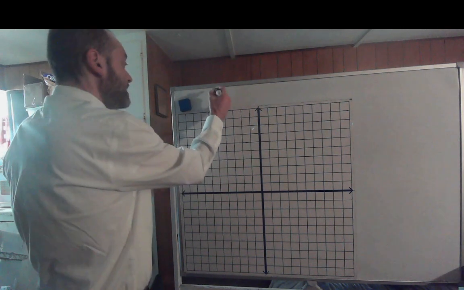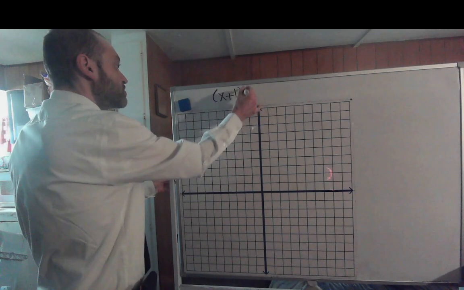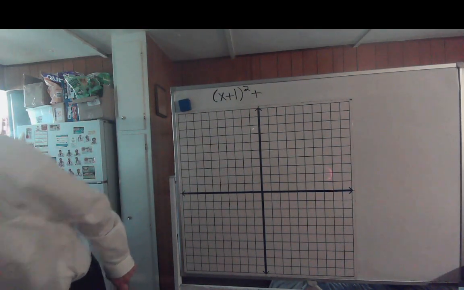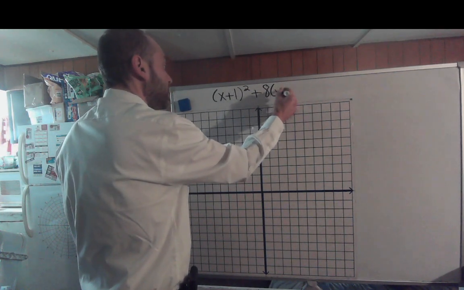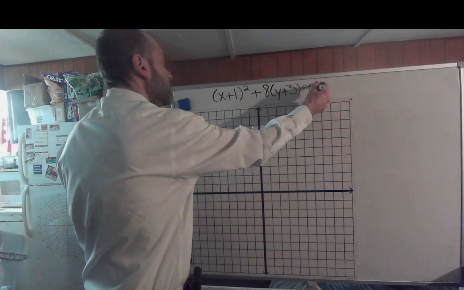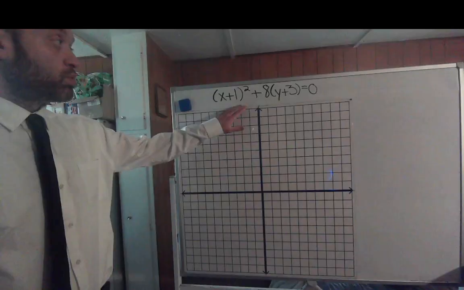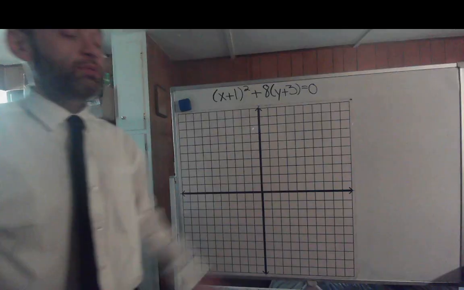Now, so we have something like x plus 1 quantity squared plus 8 times the quantity of y plus 3 equals 0. So we've been given x plus 1 quantity squared plus 8 times the quantity of y plus 3 equals 0.